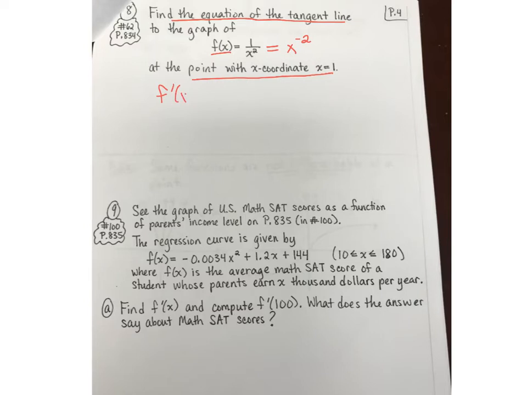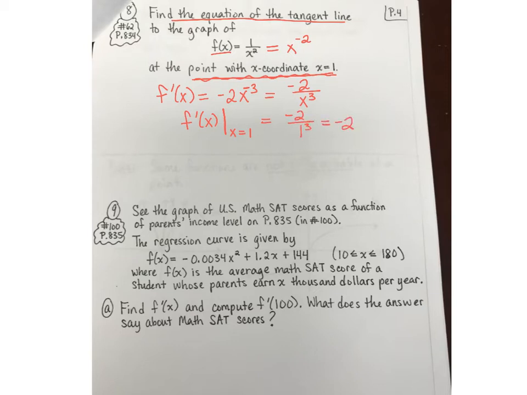So you have f prime of x is equal to negative 2x to the negative third, because that's the derivative of x to the negative second, and that's equal to, rewriting it with the positive exponent, negative 2 over x cubed. Now, we want to find it at this specific point here. Well, that means we find f prime of x evaluated at x equals 1, meaning you plug 1 into your derivative. Well, that gives us negative 2.